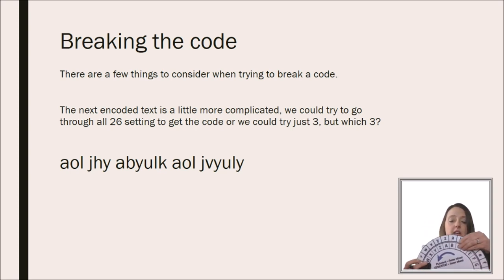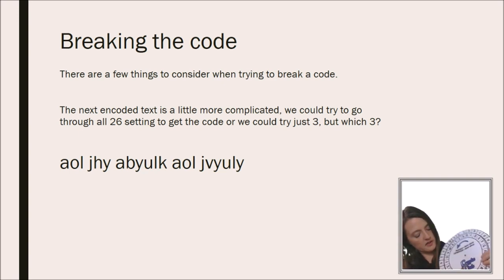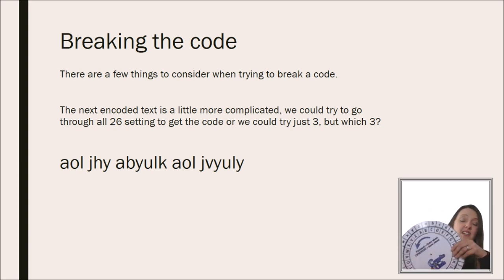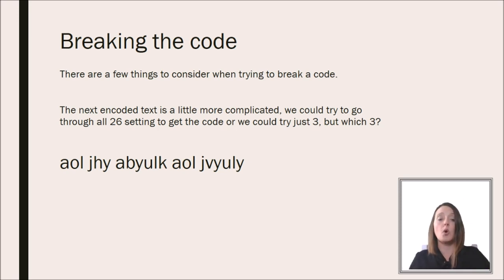So A is never going to be A, so we could change A to B. If A was B, okay, we'd start looking, yes, that would make A, for our first word, Z. It would make O and N, so that's ZN, and it would make L a K. So that's ZNK for the first word, not a word. So we know that's not right. We could move on to the next one and so forth and so forth. But in fact, we could limit this to only checking 3 letters.